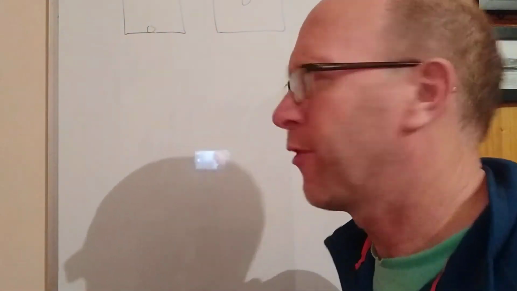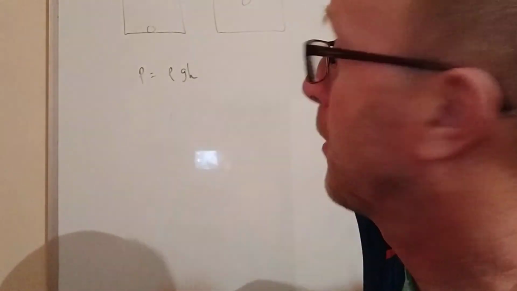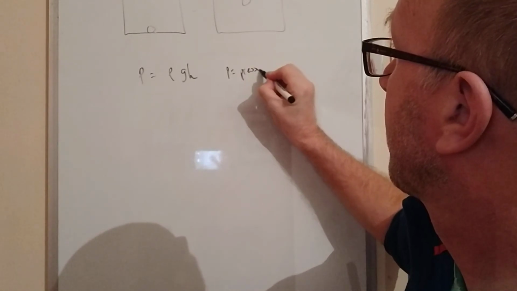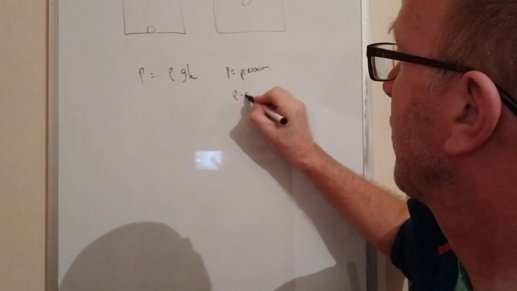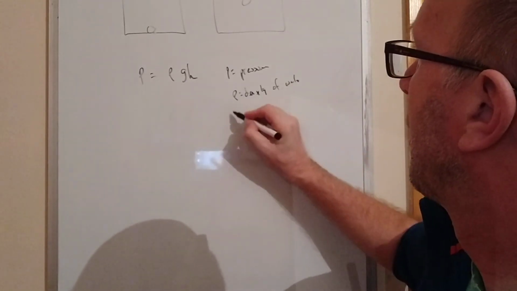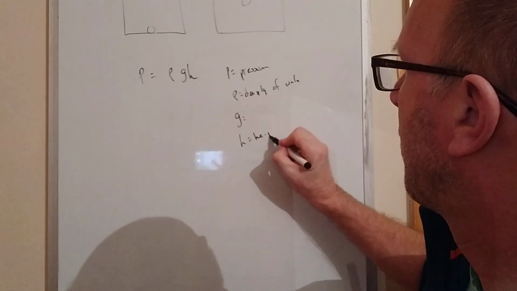Now, we have a formula here that we just have to accept and be able to use. P is pressure, rho is the density of the water, g is acceleration due to gravity, and h is the height.